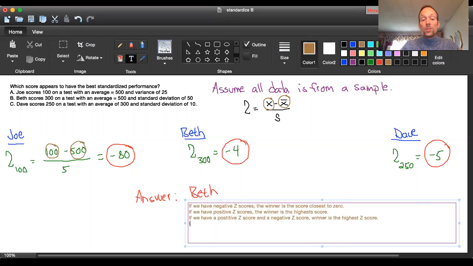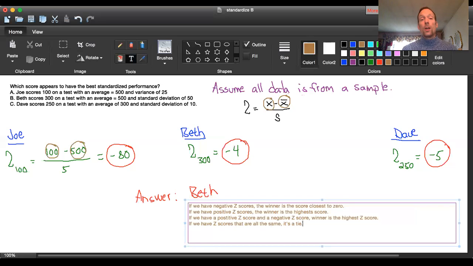Okay, so last possible situation, if we have z-scores that are all the same, then what do we do? Like if all three students scored a z-score of -5, what would we do? The answer is it's a tie, and we just don't have the information.